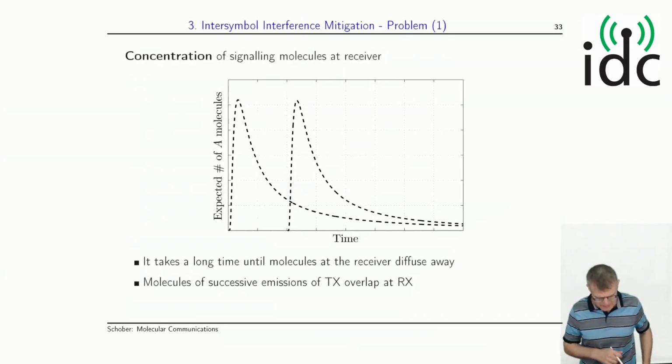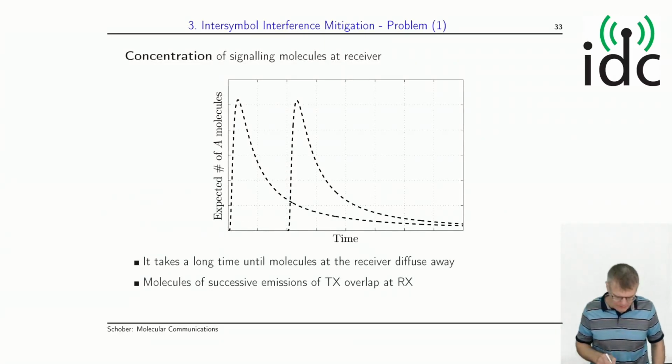What is it? Well, typically we saw before that if the transmitter releases molecules one time, then we get this type of pulse, this dashed line. But often in communication systems, we want not just to send one symbol, not just one bit of information, but another bit a little bit later. And therefore, we have to release a second pulse of molecules, which arrives at the receiver in this form.